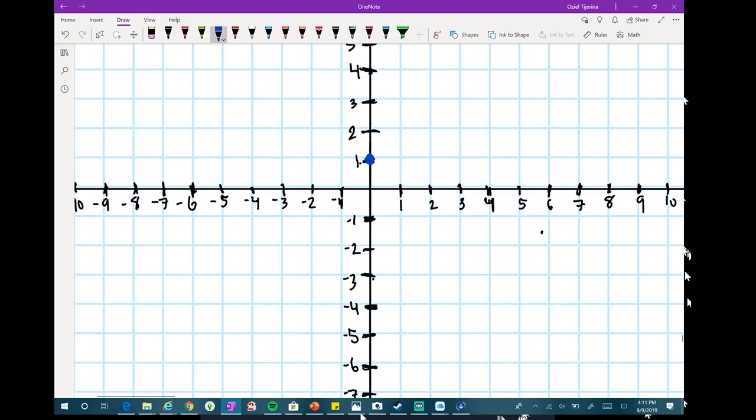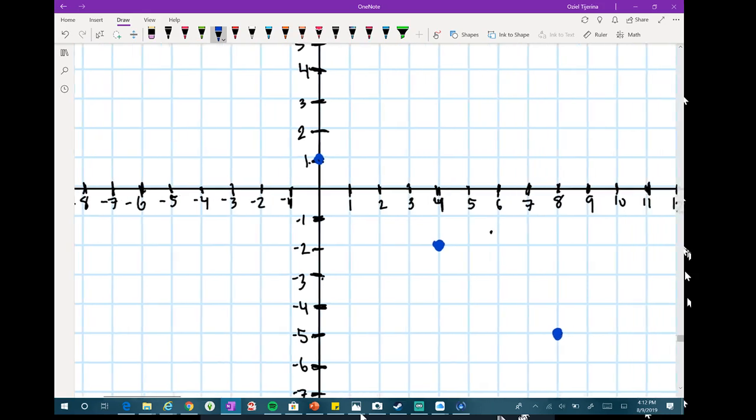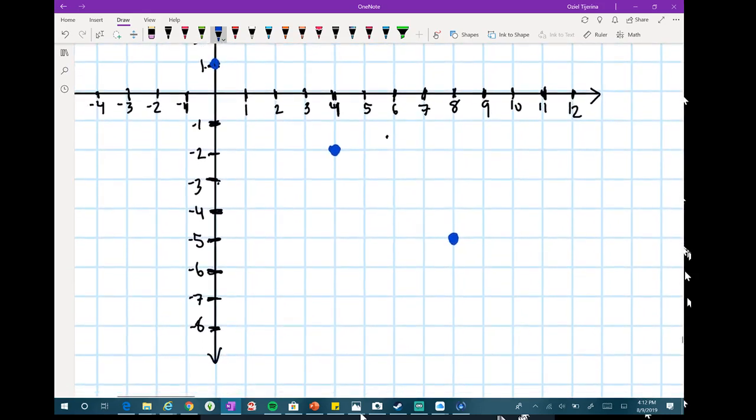So you do 1, 2, 3, then 1, 2, 3, 4, and then again you go down 3 and right 4. And then you go down 3 again, and right 4.